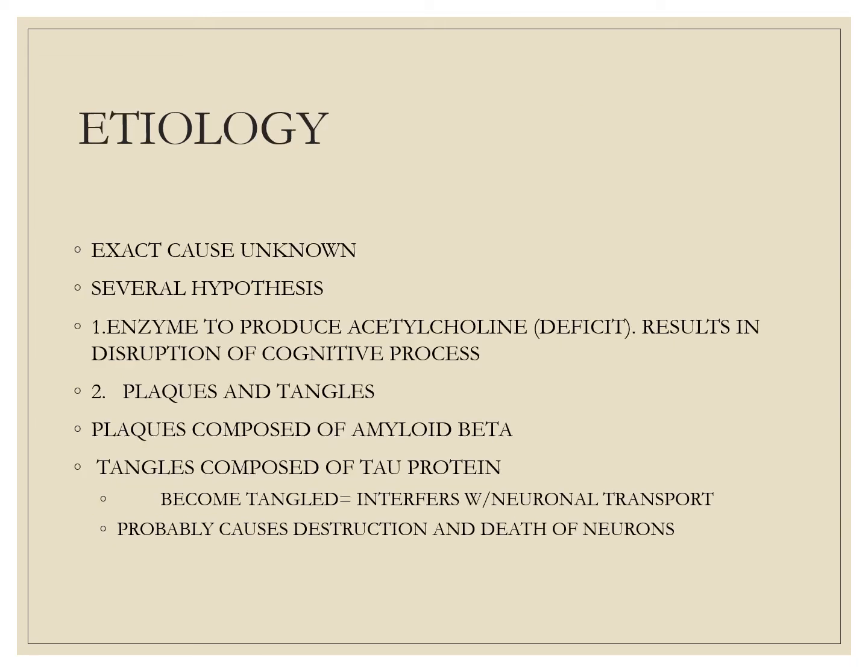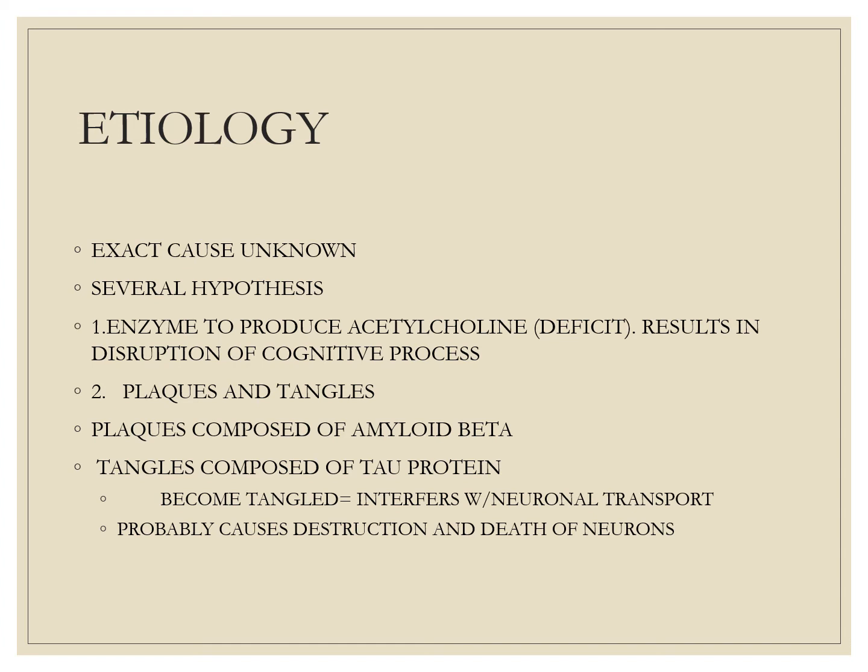So this slide just kind of talks about the etiology. We're not sure exactly why this happens, but there are a lot of people with some thoughts about why. Acetylcholine deficits disrupt the cognitive process.